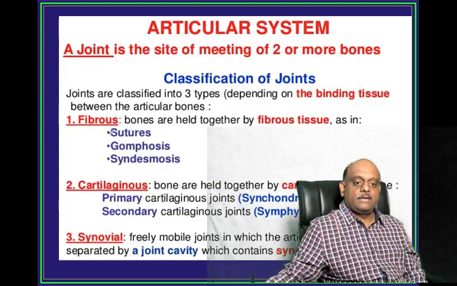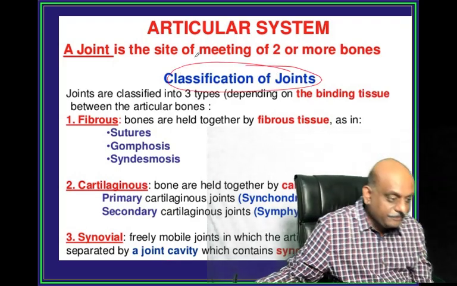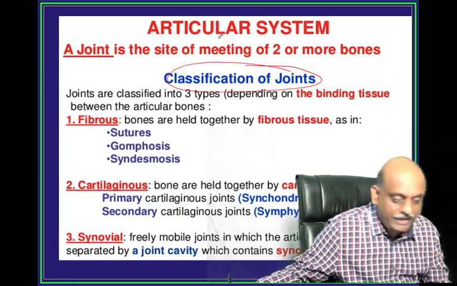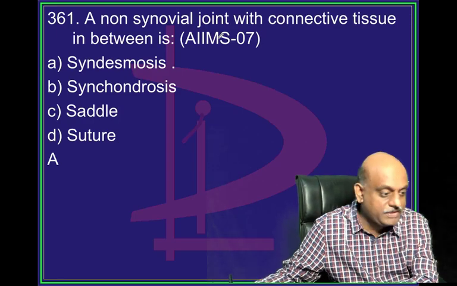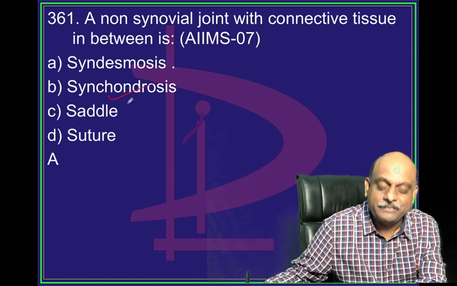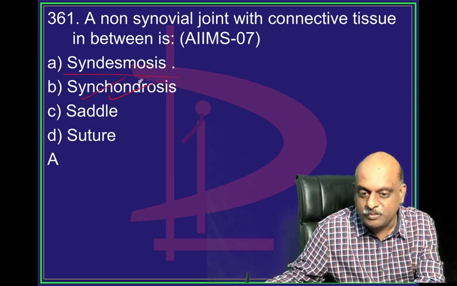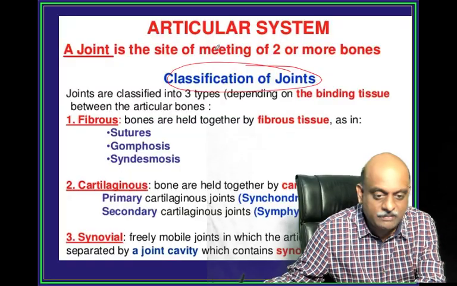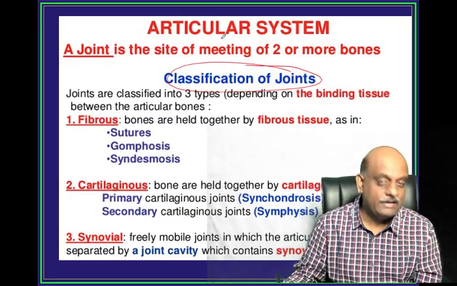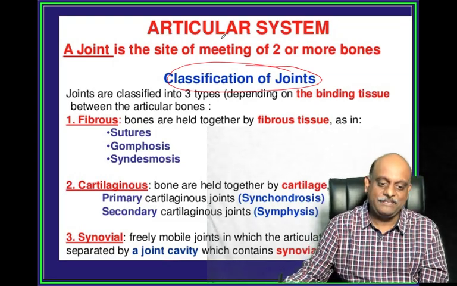Now, doctor, if you look at the classification of the joints, Indrajit Kumar, Yuvashri, you are differing between B and C. Sesha Gopalan also, it is not synchondrosis, no sir. It is syndesmosis. There is connective tissue in between. That means another 5 or 10 minutes of investment of time on this topic is worth it.